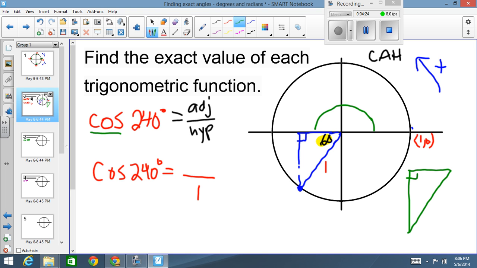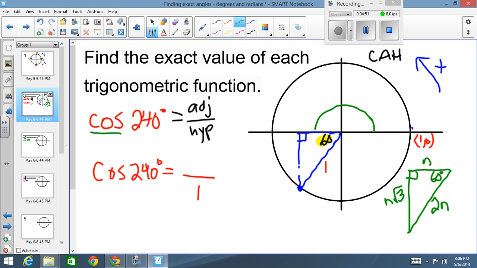We just got done talking about these. So if this is my 60, then I know that the side across from the 30, which would be this side, is my shortest side. And then the hypotenuse is going to be 2 times that shortest side. And the middle length side is always the shortest side times the square root of 3.